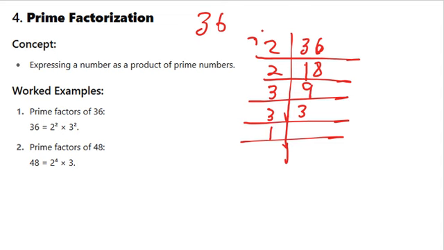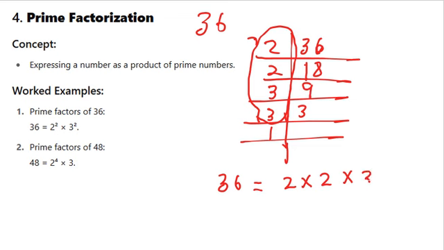So that is how you've been doing prime factorization, and this tells you that all of these numbers except 1 are prime factors, which means 36 is equal to 2 times 2 times 3 times 3.